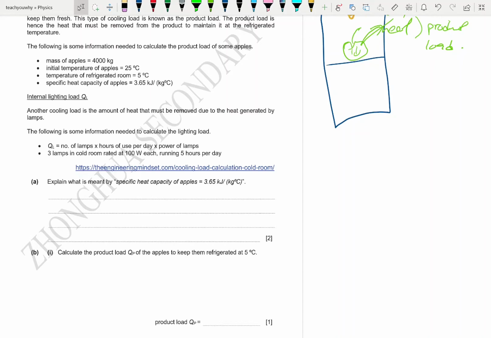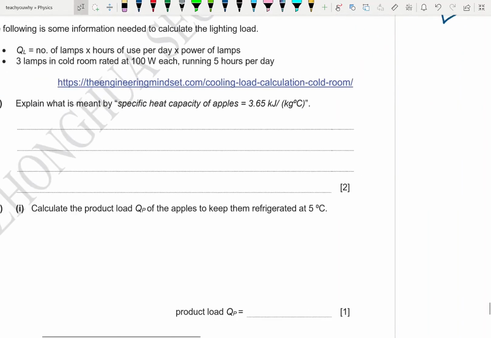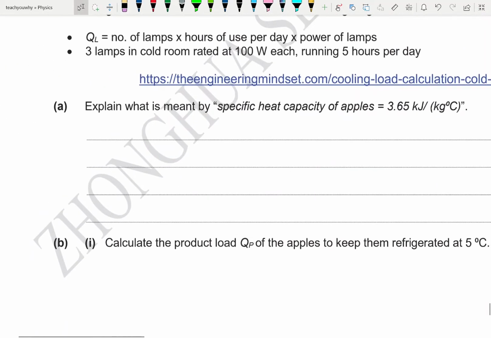Explain what is meant by the specific heat of apples being this. Okay, this is just a basic definition. By now you should be able to answer this with ease.